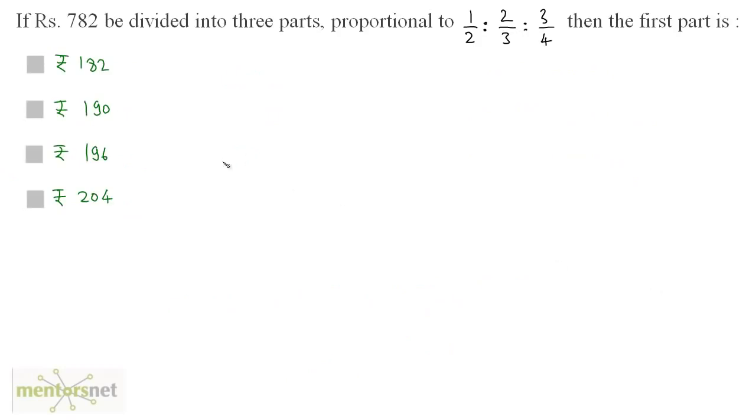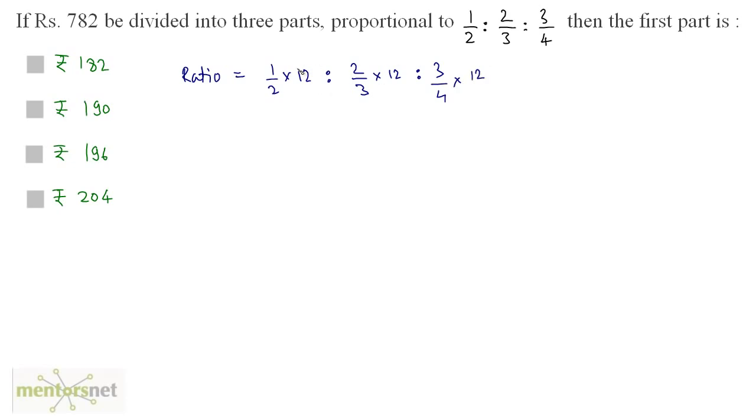If rupees 782 be divided into three parts proportional to 1 by 2 is to 2 by 3 is to 3 by 4, then what is the first part? Well, let us simplify this given ratio. We can take the LCM of the denominators, which is 12. So 1 by 2 times 12 is to 2 by 3 times 12 is to 3 by 4 times 12.